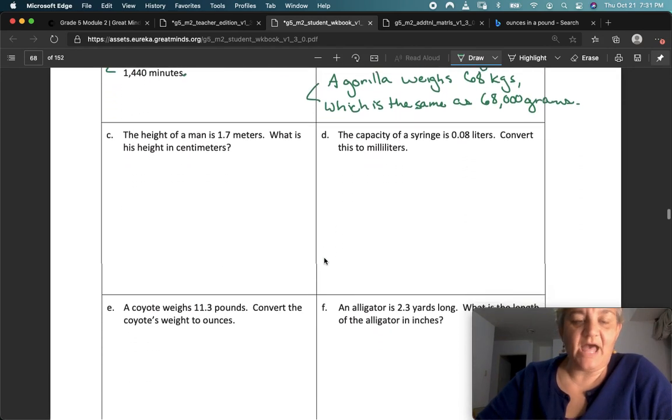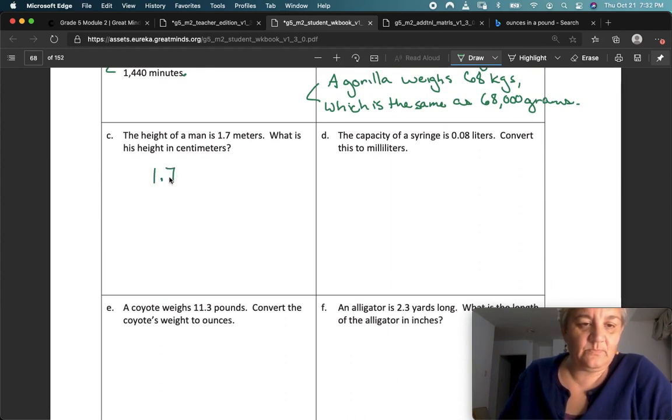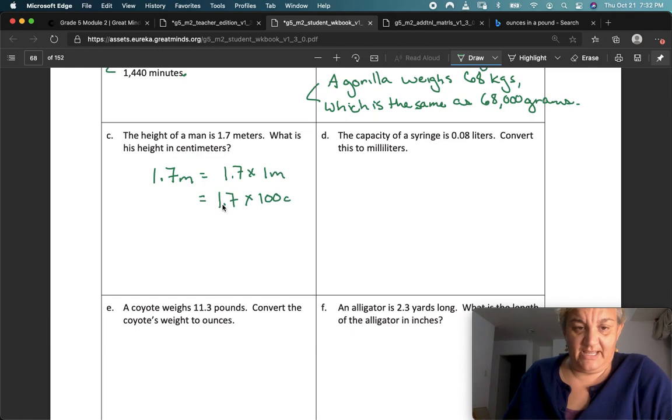Letter C. The height of a man is 1 7/10 meters. What is his height in centimeters? Okay, so he is 1.7 meters tall, which equals 1.7 times 1 meter. And 1 meter equals 100 centimeters, so 1.7 times 100 centimeters. And then I can just multiply this and get 170 centimeters.